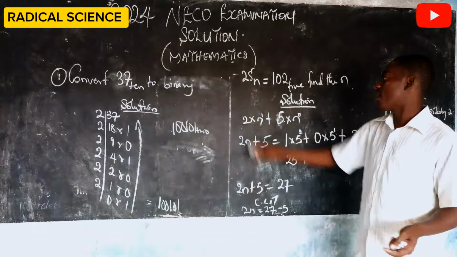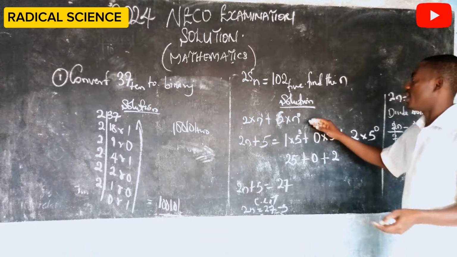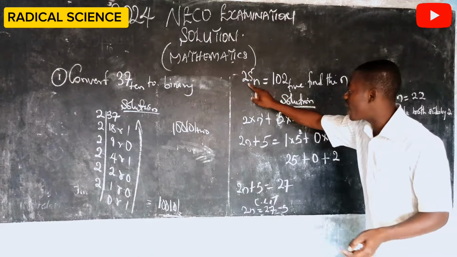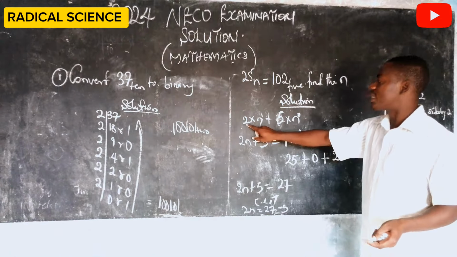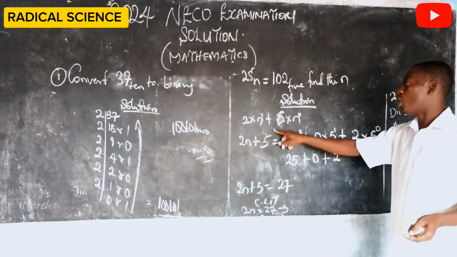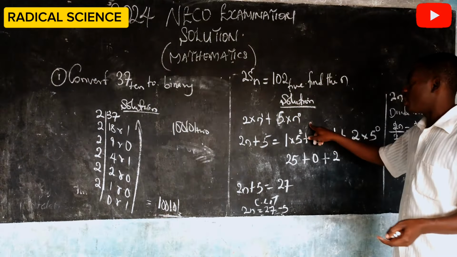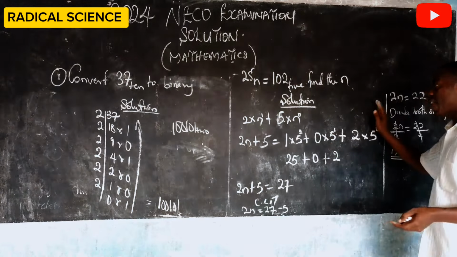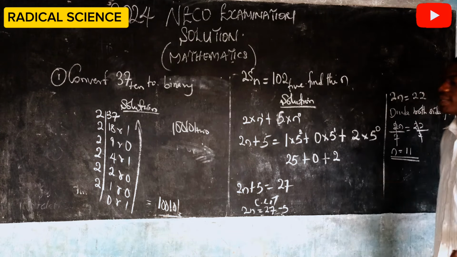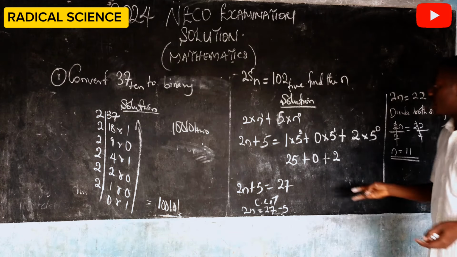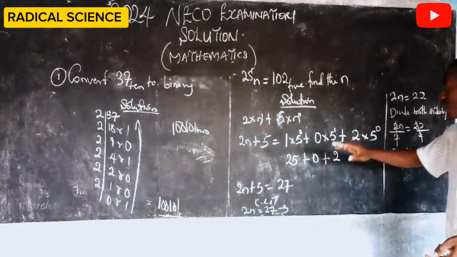Since 25 was given in algebra, 25 base n, I multiply 2 times n plus 5 times n. Whether the base is an alphabet or a number, you multiply through.